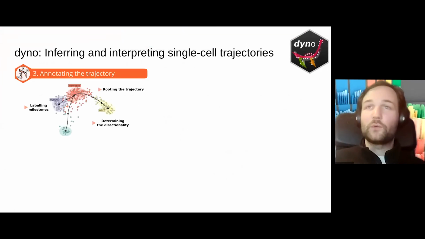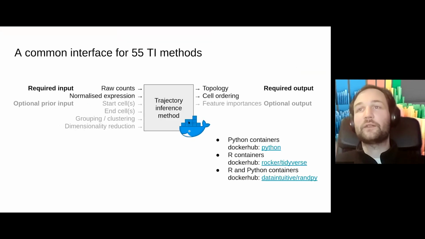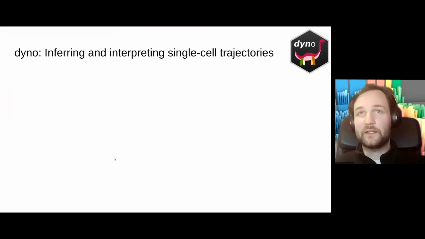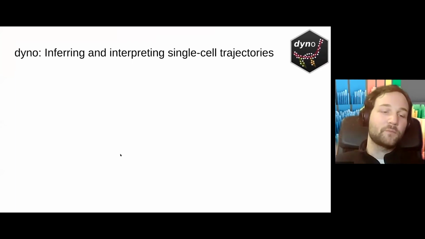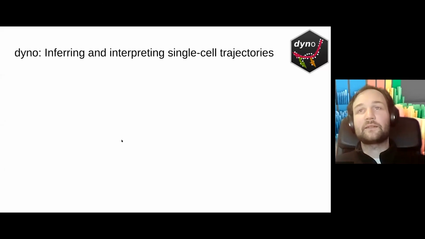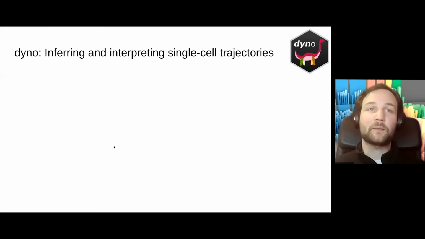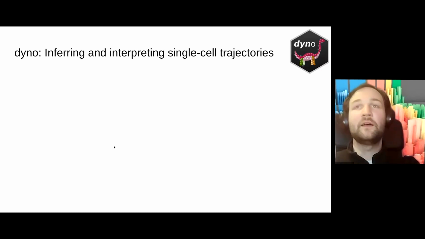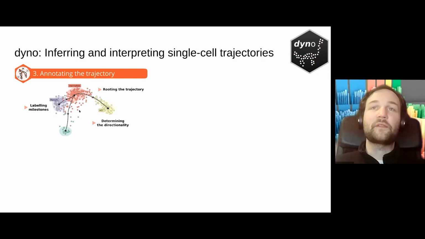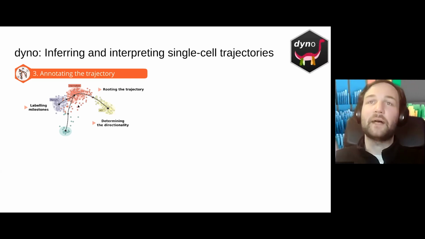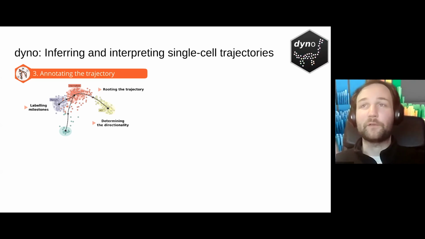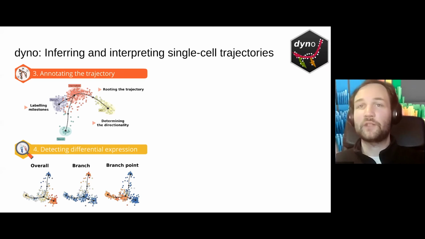So what we realized is, having all of these trajectory inference methods wrapped inside of a common interface, we could develop a toolkit that leverages all of these trajectory inference methods and be able to perform downstream analysis for trajectories. So one of the things that you can do is to determine the directionality of your trajectory, either manually using prior knowledge from gene expression, or now we're also looking at RNA velocity to determine the directionality.